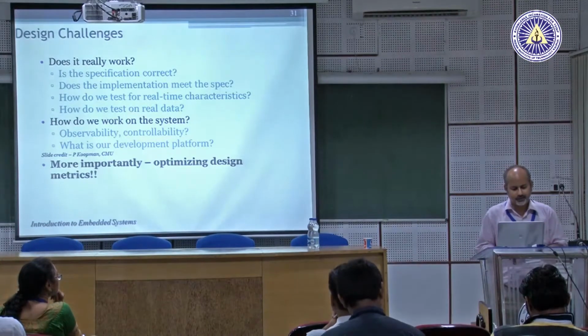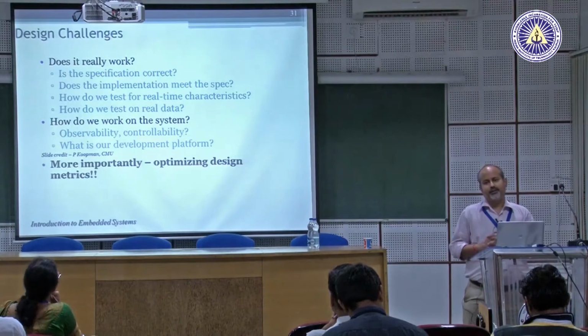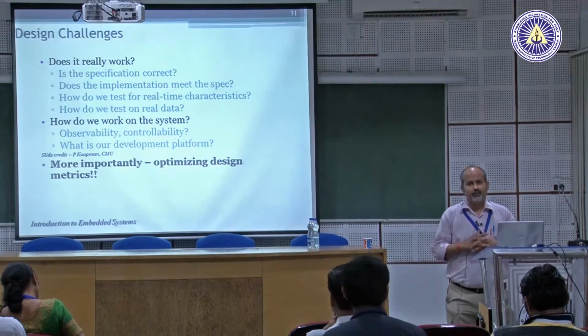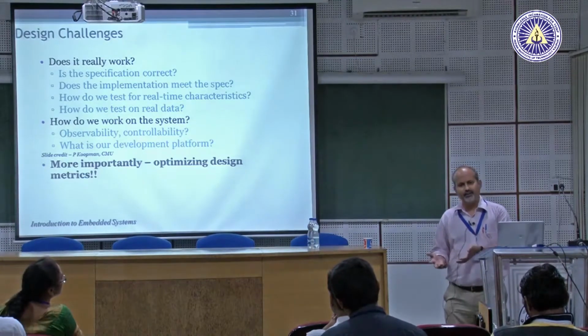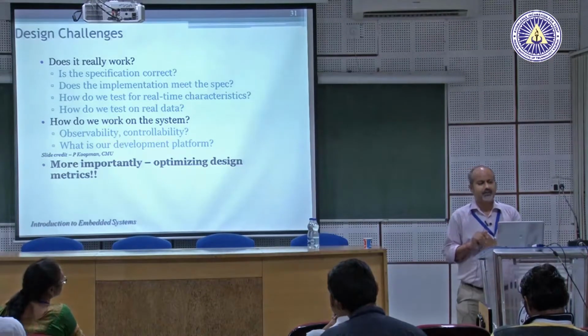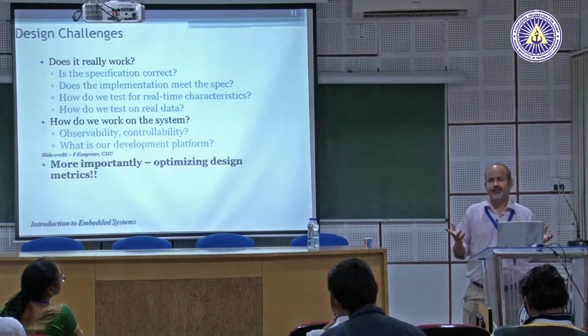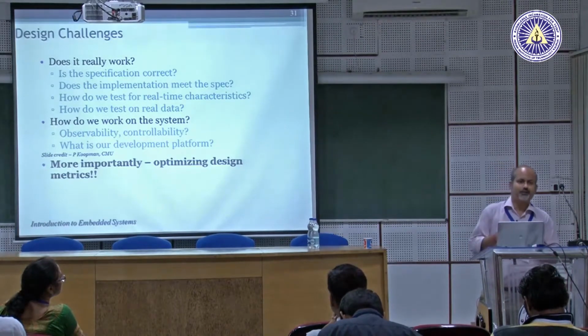The other question is, suppose your system has 100 sensors. Some of the sensors might be redundant, but many sensors are such that if you lose one of them, you cannot estimate the state of the system. You cannot tell what is going on in the system, and this is called loss of observability.